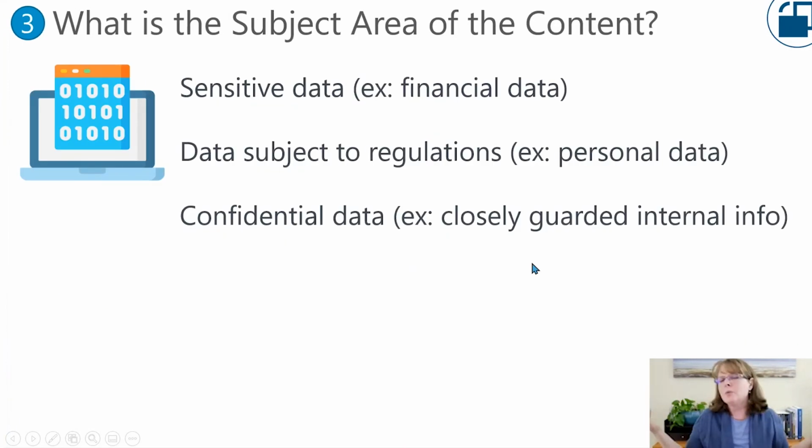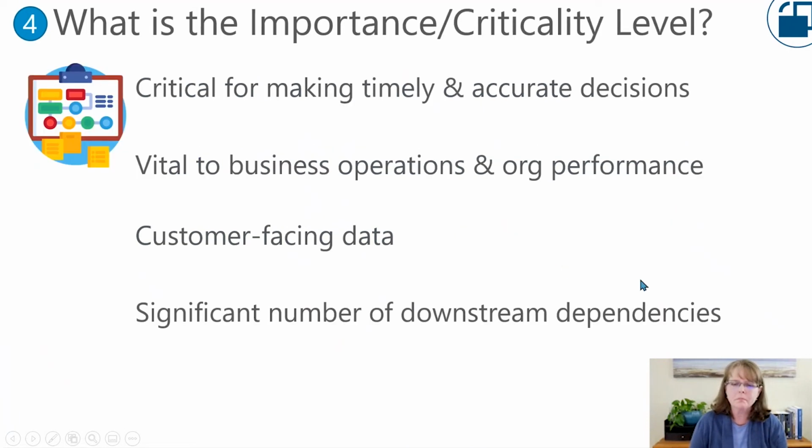Then the third one really just comes down to all data isn't created equal. So we wouldn't ever govern all data exactly the same. We would focus more on: is this data sensitive? Is it subject to certain regulations? Is it particularly confidential? That sort of thing. And then the fourth one is kind of related to number three, but a little different.